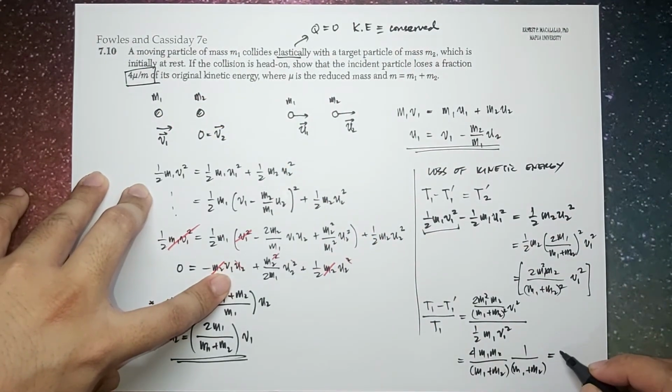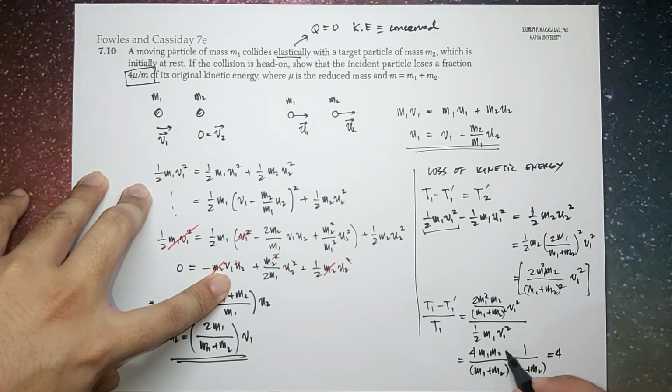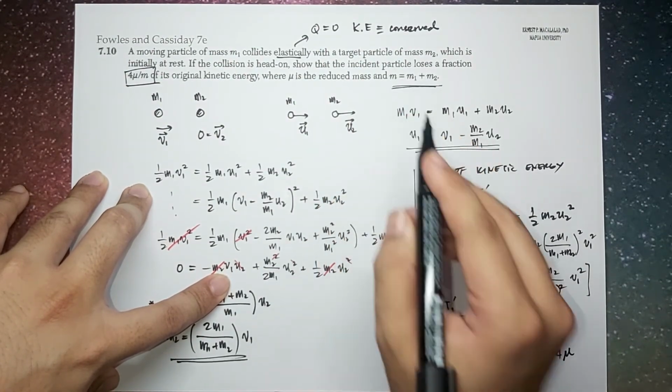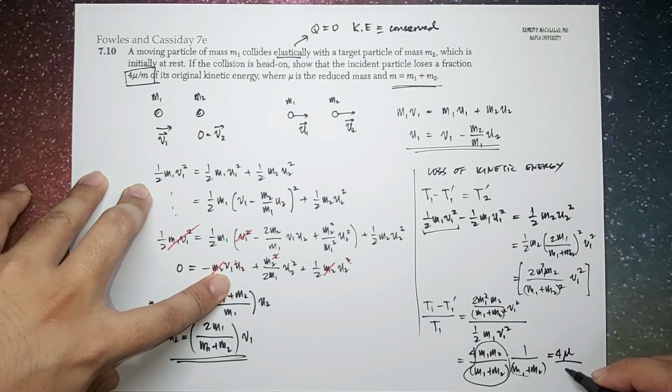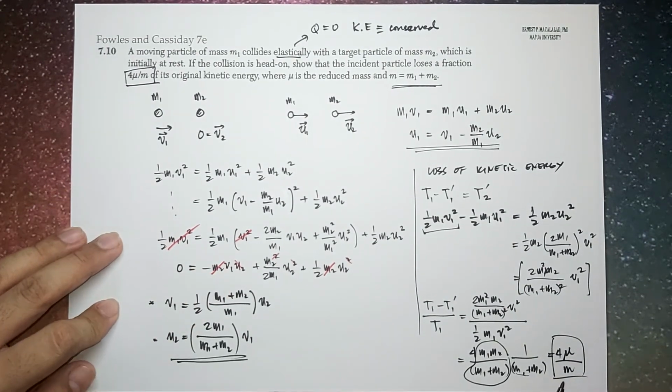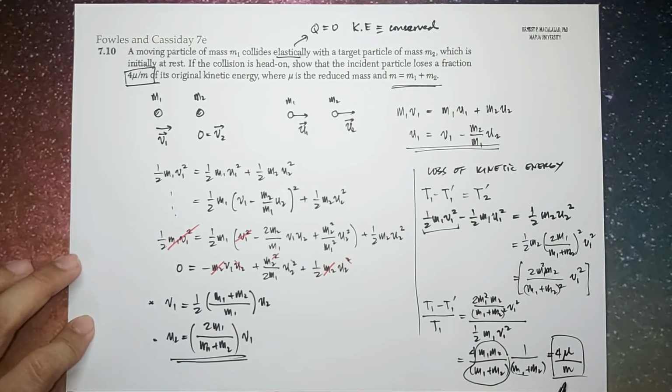So this is 4, this is mu, the reduced mass mu, and this is m. So that's 4 mu over m. Okay, that's it. Very simple, right?